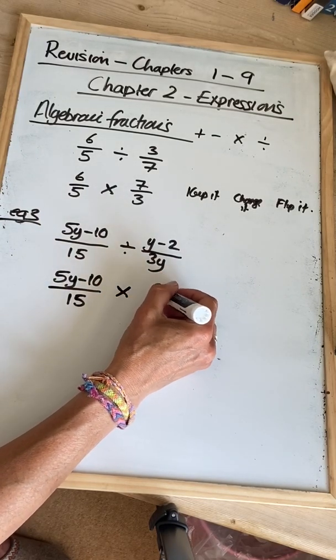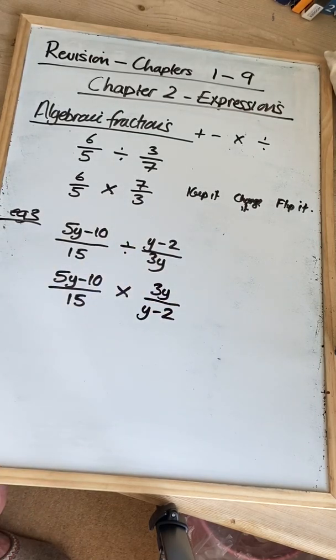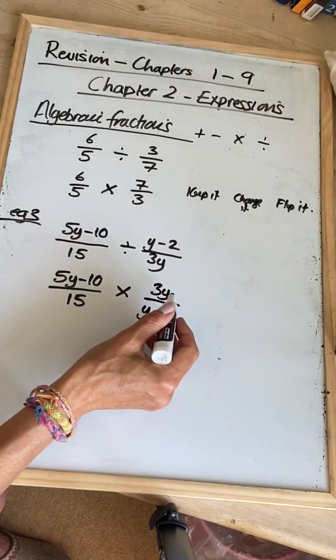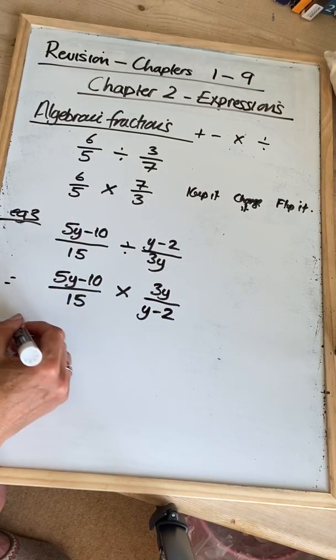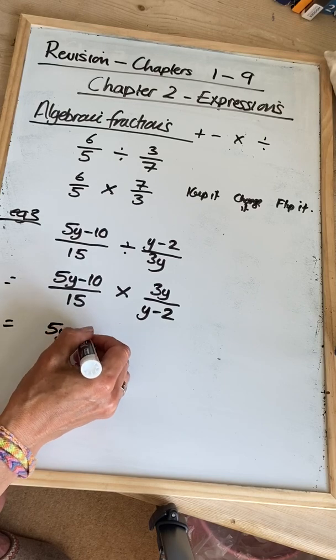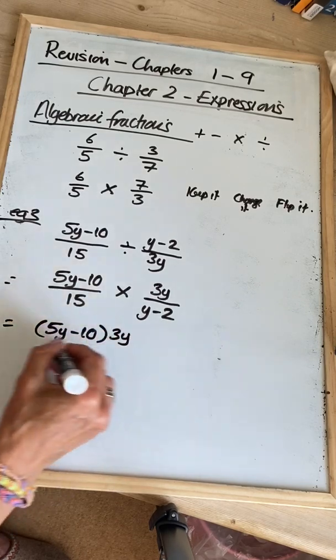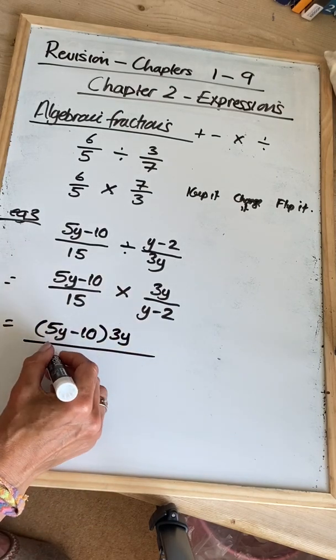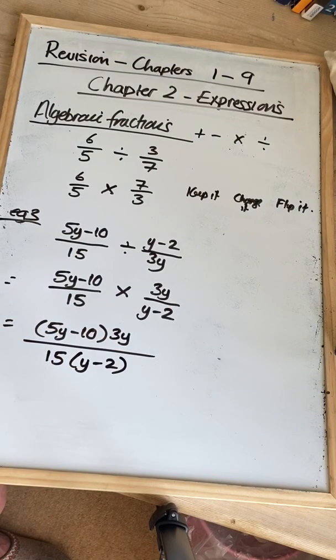Flip it. Put the 3y on the top and the y minus 2 on the bottom. Then you multiply through. So this becomes 5y minus 10, now all of that is multiplied by 3y. And the 15 is multiplying all of y minus 2.